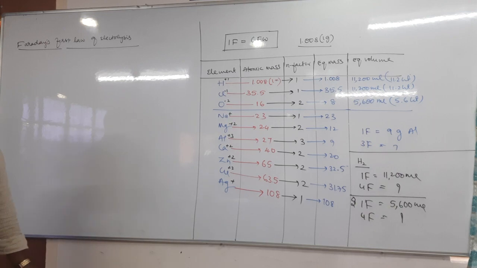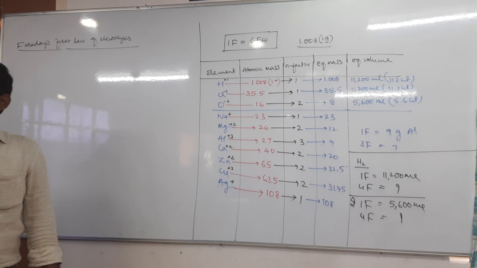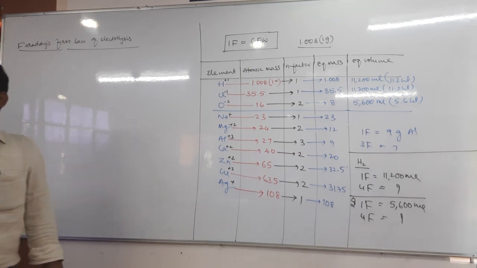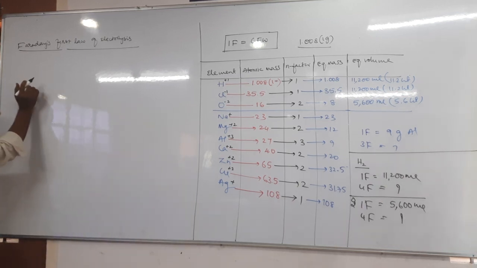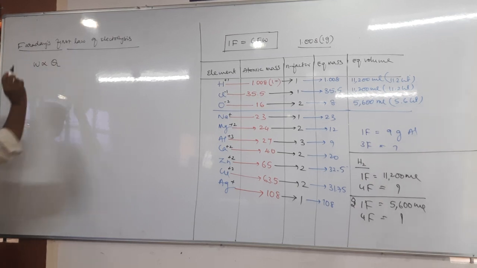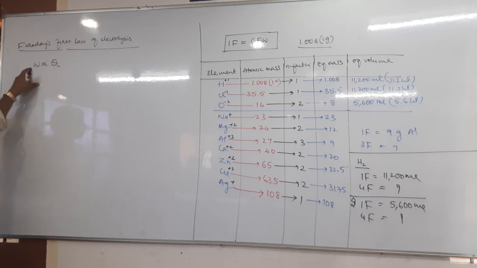It states that the mass of the substance deposited at the electrode is directly proportional to the quantity of electric current passed through the solution. It means W is directly proportional to Q, where W is the mass of the substance deposited.